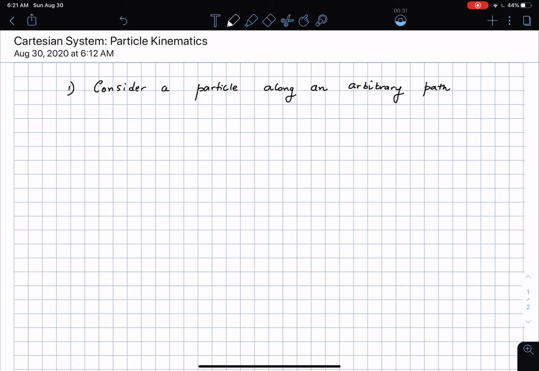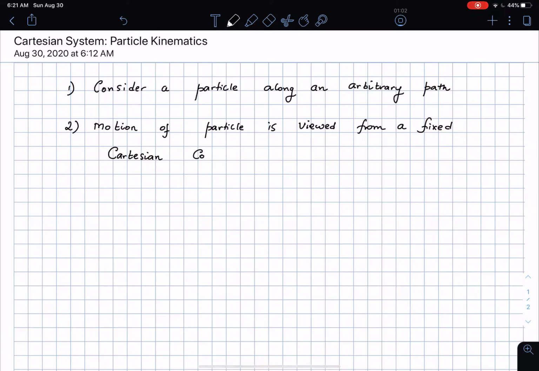And then we will consider the motion of the particle as viewed from a fixed Cartesian coordinate frame.